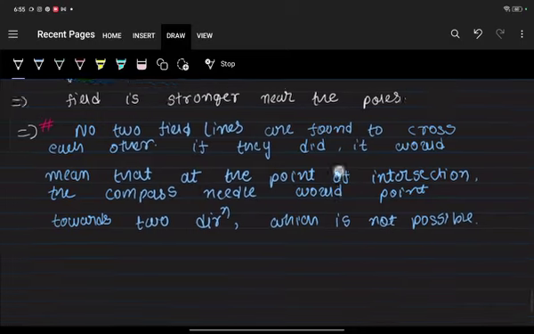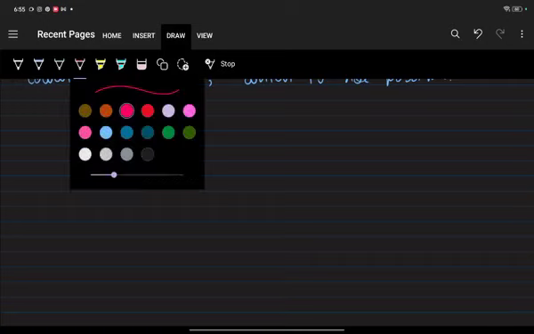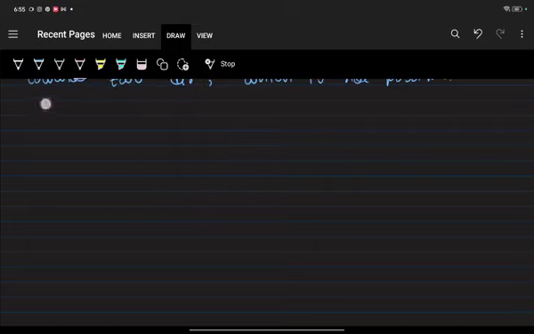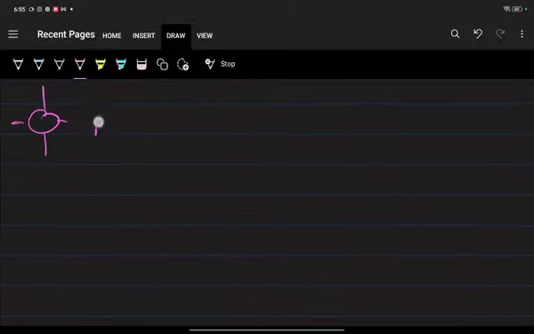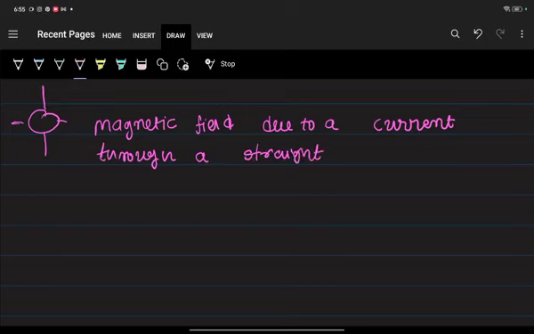Magnetic field due to a current through a straight conductor.